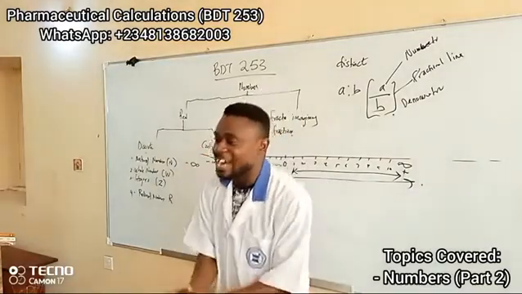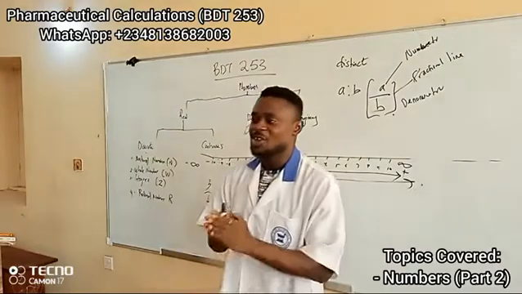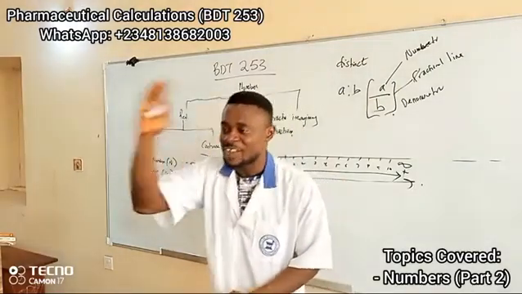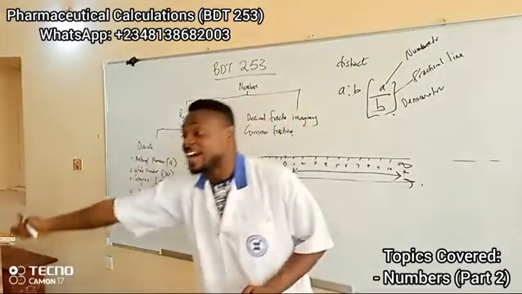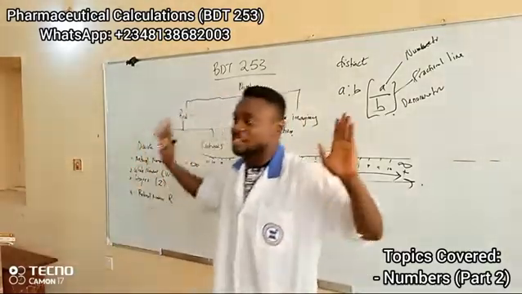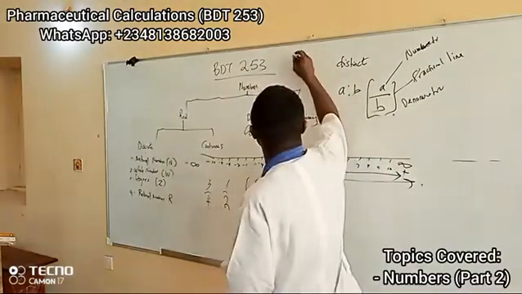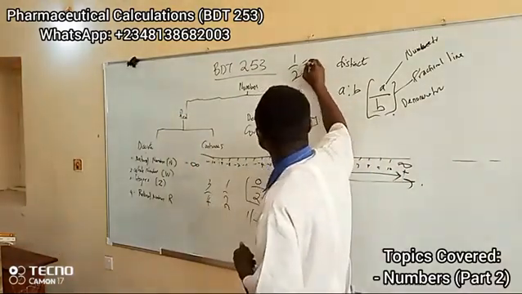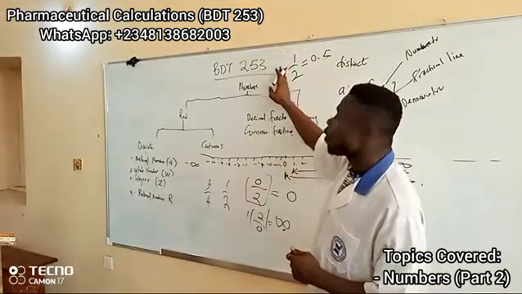If you want to convert a common fraction to a decimal fraction, all you need to do is divide the numerator by the denominator. That's why 1/2 is a common fraction, but it has the same value as 0.5.